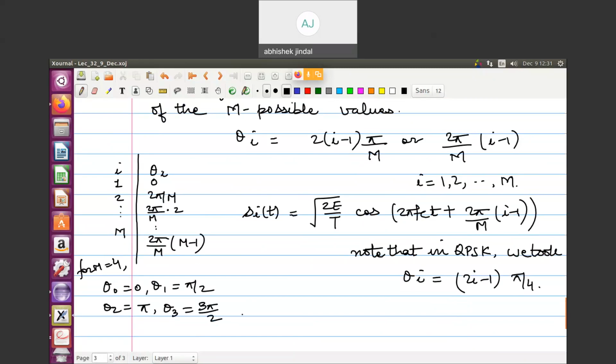Okay, so let us check. This gives you QPSK. So 1 is 0, then it is pi by 2 here, then pi here, and then 3 pi by 2 here.